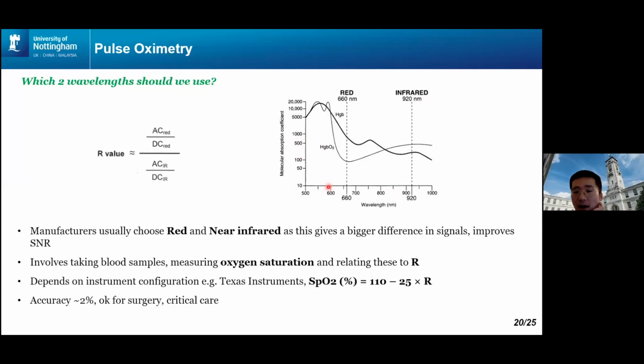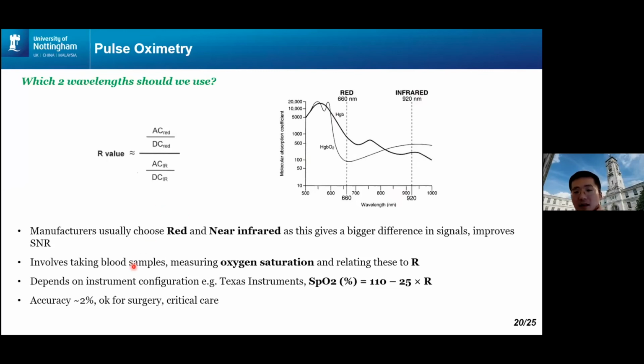The relationship between the SpO2 value and the R ratio is called the R curve. It involves taking blood samples and measuring the oxygen using some gold standard method, then relating those values to the R ratio, and you get your R curve.